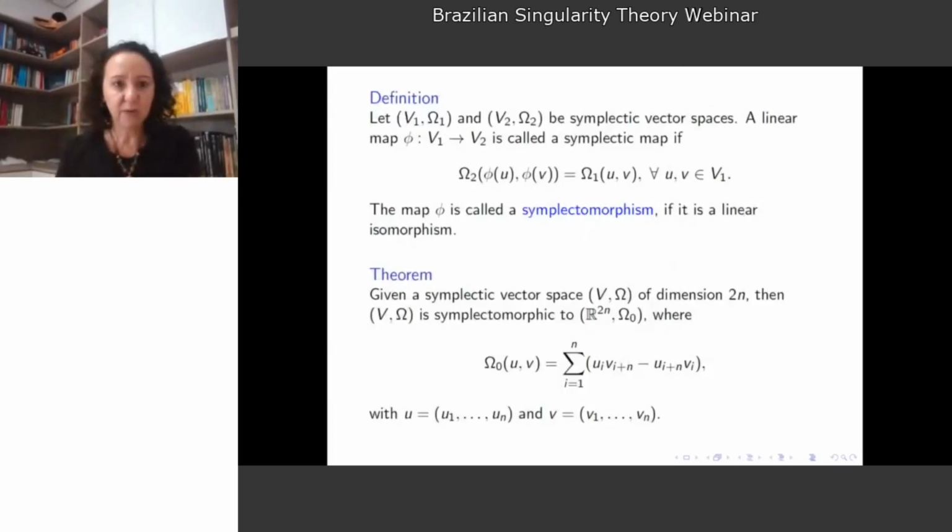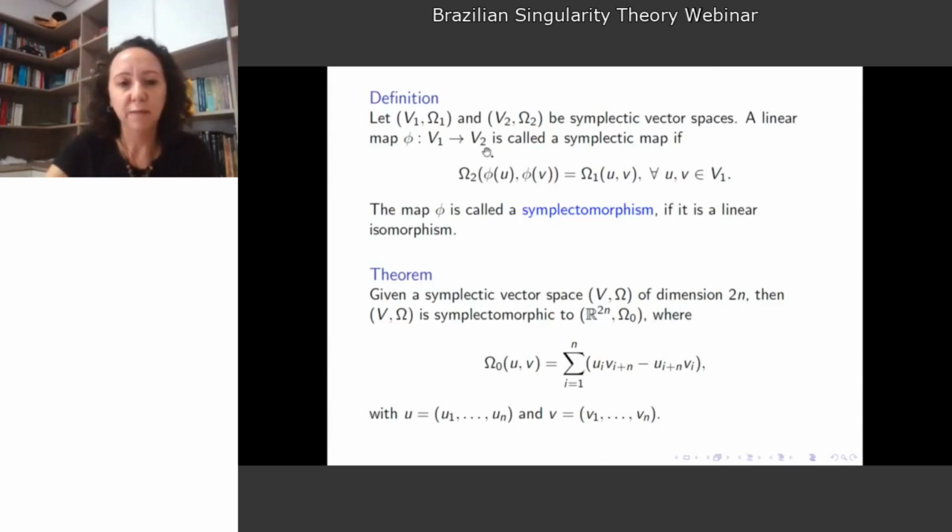And of course, when we study a structure, it's natural to study the maps that preserve this structure. If we have two symplectic vector spaces, a linear map from V1 to V2 is called symplectic if it preserves the respective bilinear forms. That is, omega 2 of phi u, phi v is equal to omega 1 of u and v.